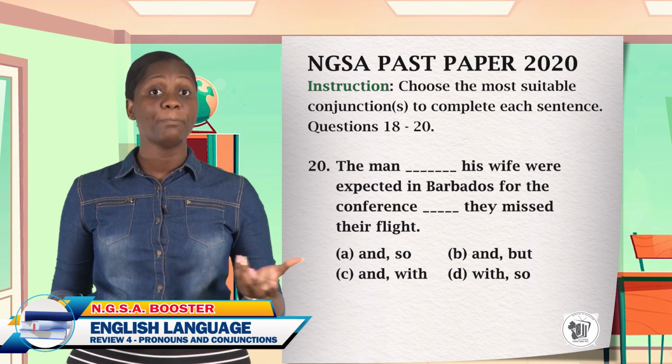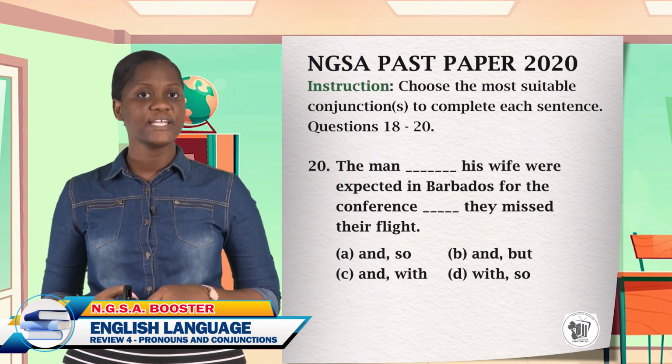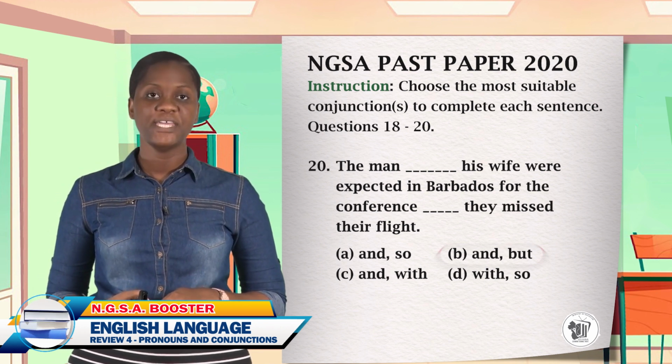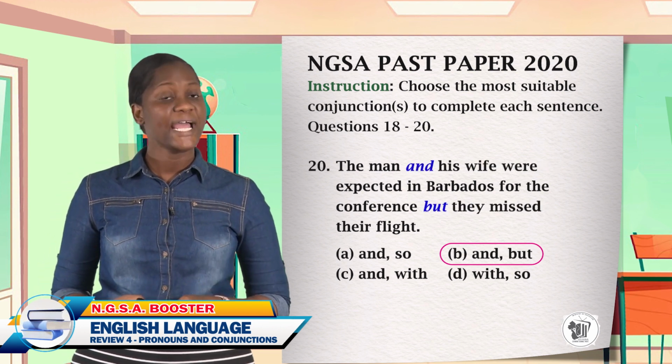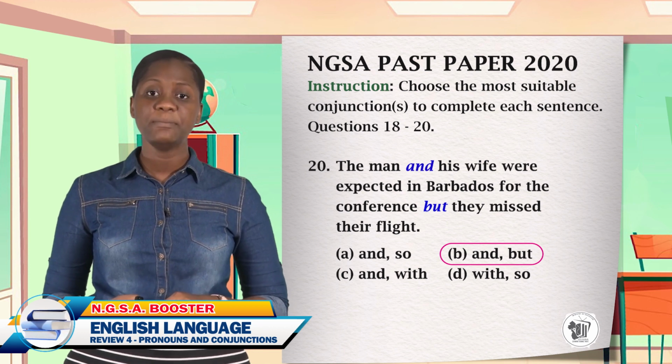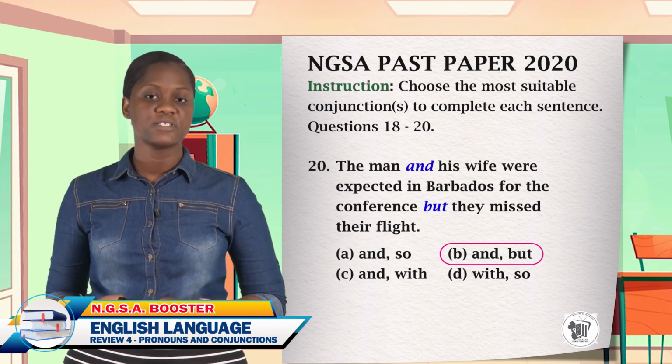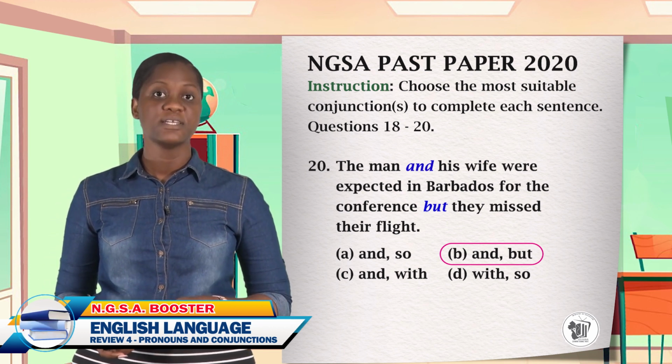Boys and girls, our best option here for connecting words is B, and but. Let's fit them in. "The man and his wife were expected in Barbados for the conference, but they missed their flight."